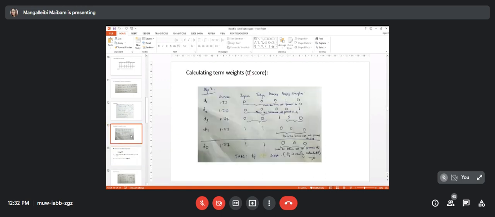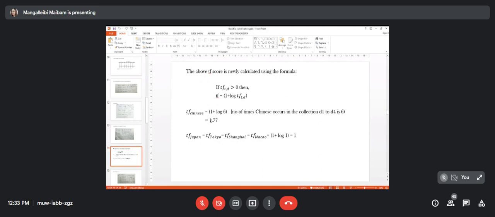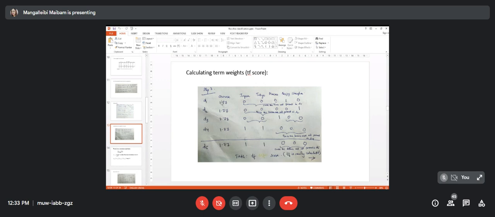Okay. So by calculating the TF score for Chinese, we got 1.77. That's why we write 1.77 as the TF score for Chinese. So for Chinese, in all of D1, D2, D3, D4, it will have TF score 1.77.